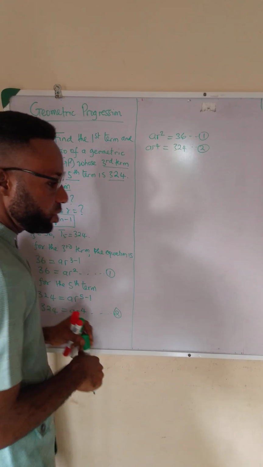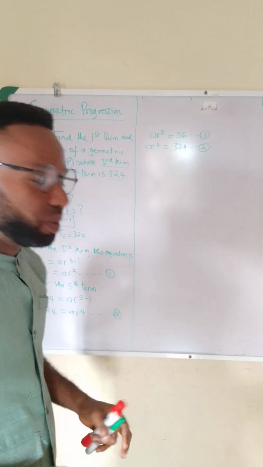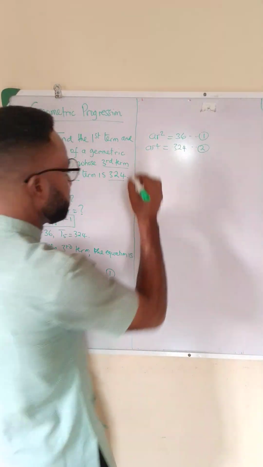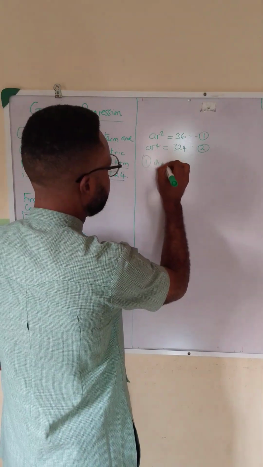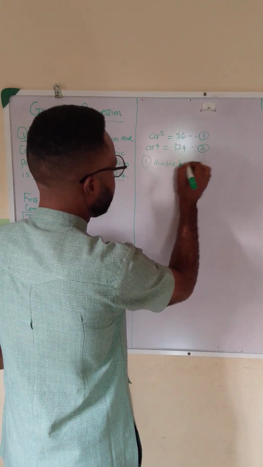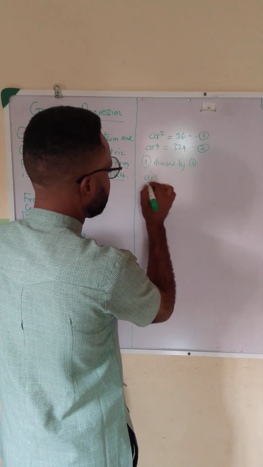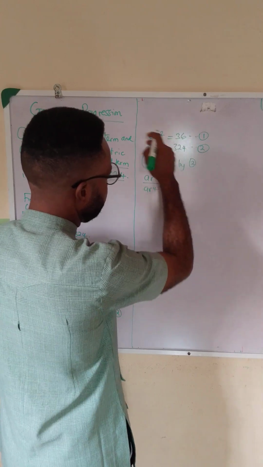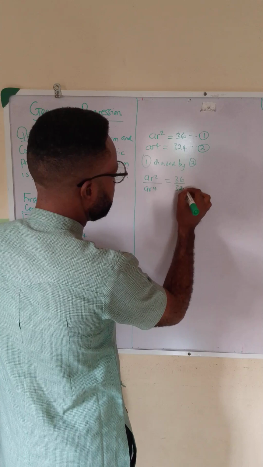In geometric progression, since we are talking about common ratio, it means we are going to divide. So I can say equation 1 divided by equation 2. This will be A R squared over A R raised to 4 equals 36 divided by 324.